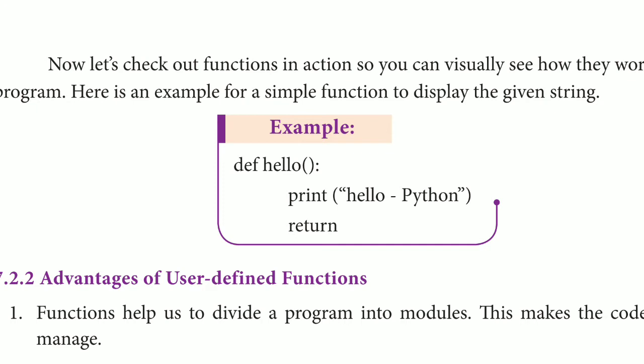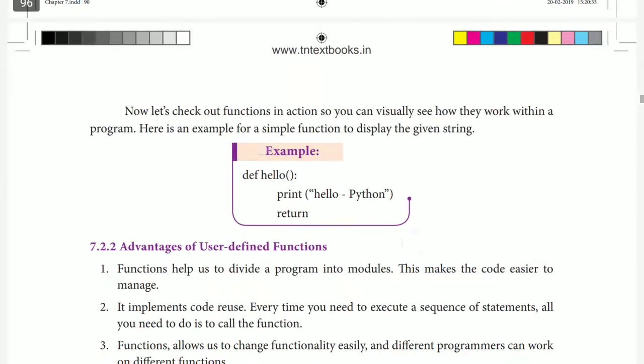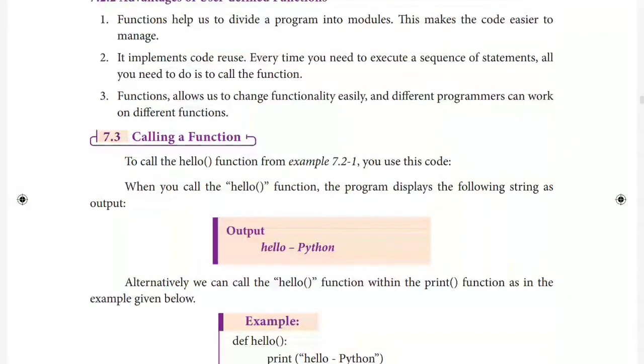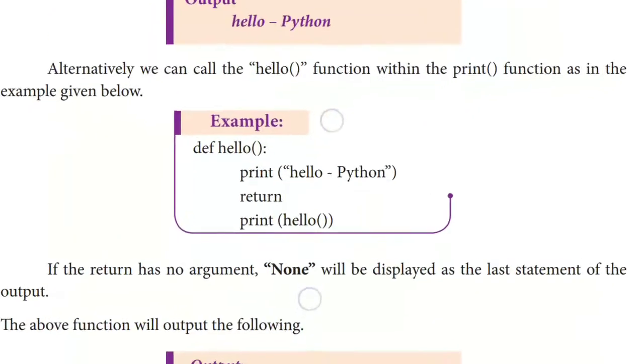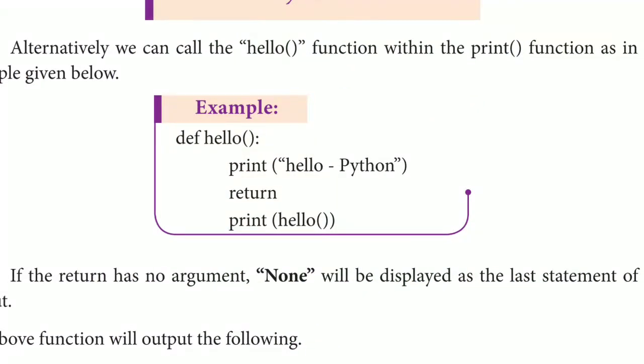So this print statement and the next statement, the return statement, is a block. When the function hello is called, these two instructions will be executed. So this is a way of defining a function, and we call a function just by using the name of the function.